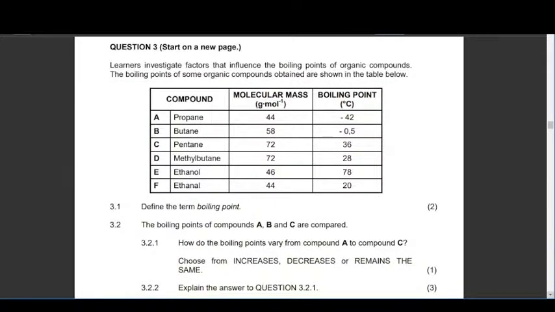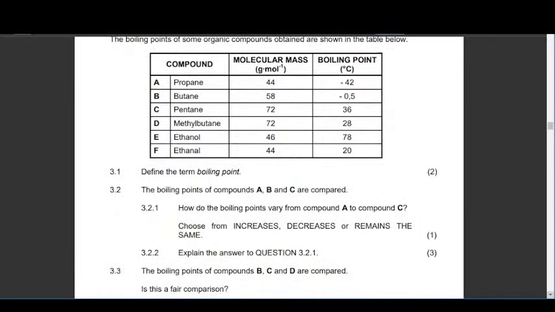The last question, but on the list, on organic compound, or the second question. They're saying define the boiling point. When you talk about the boiling point, you're talking about the point at which the vapor pressure of a compound in a closed system is equal to the atmospheric pressure.